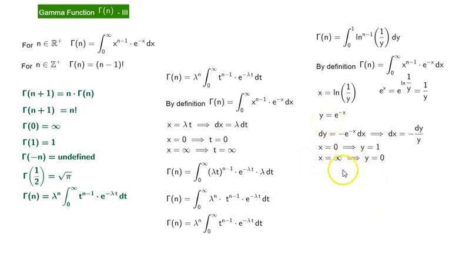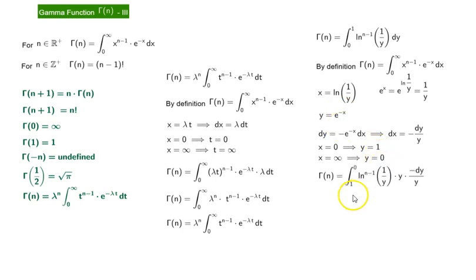Again, taking care of the limits, when x equal to 0, e to the power of 0 becomes 1. So y is equal to 1. When x goes to infinity, what happens? y is equal to 0, because e to the power of minus infinity is 1 by e to the power of infinity, which is 0.